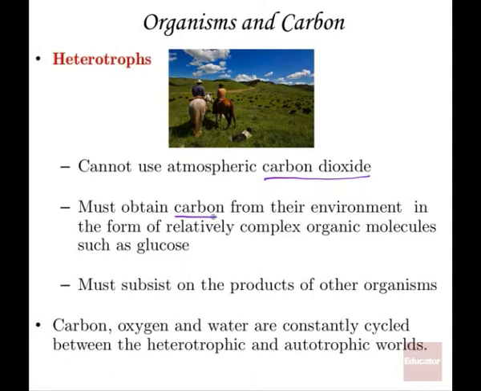That's how they survive: they have to eat other organisms. Even herbivores or vegetarians certainly eat organisms as well. And on the earth there's a constant recycling back and forth between autotrophs and heterotrophs.